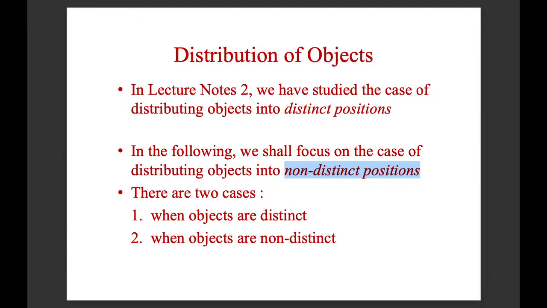Here we assume that we are going to put objects into non-distinct boxes. But the objects themselves can be distinct or non-distinct, so we will divide it into two cases. The focus of the remaining part is putting objects into non-distinct positions. But we may still rely on our knowledge of how to put objects into distinct positions to help us do the analysis.